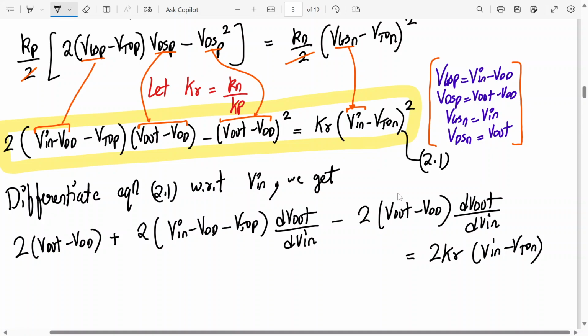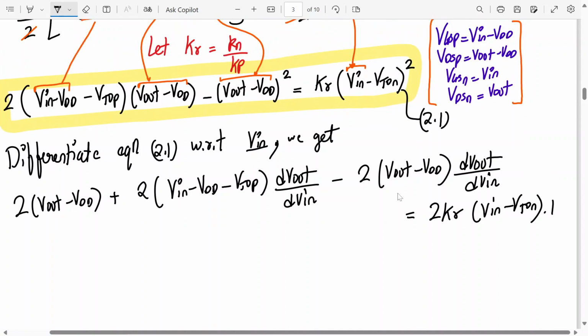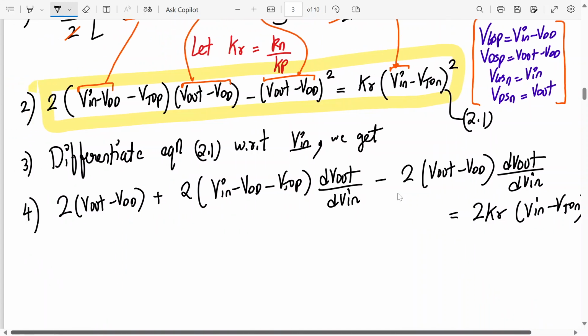Because it is dV out by dV in, if we differentiate with respect to V in, twice KR will come over here, and actually here I should have written dV in by dV in, that is 1 only. So that's why I'm not writing it, it's into 1. Here the V out term is there, that's why we have written dV out by dV in. Here also dV out by dV in. I hope it is clear now. This expression is clear? Yes or no?